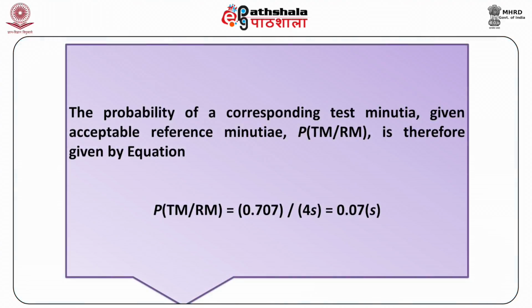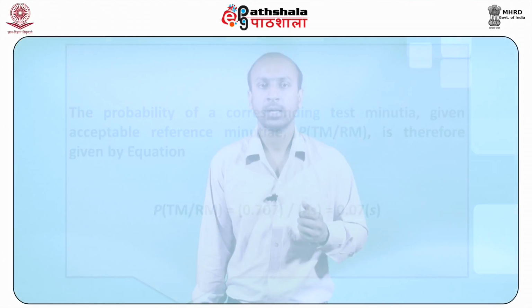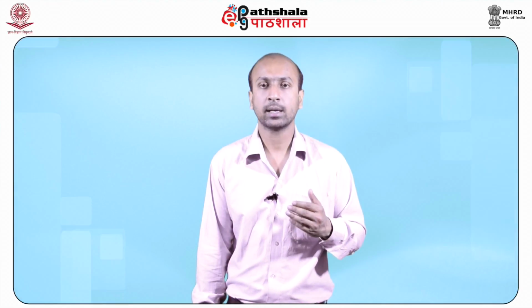The probability of a corresponding test minutiae given acceptable reference minutiae, P(Tm|Rm), is therefore given by the equation: P(Tm|Rm) = 0.707 × d / 4 = 0.07d.